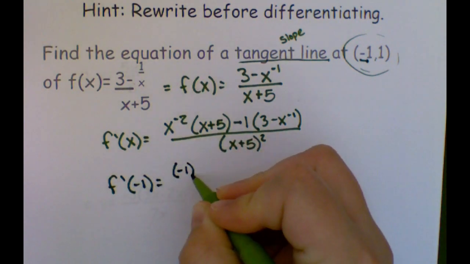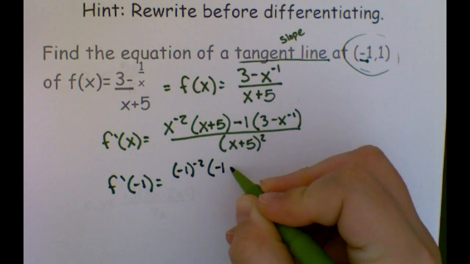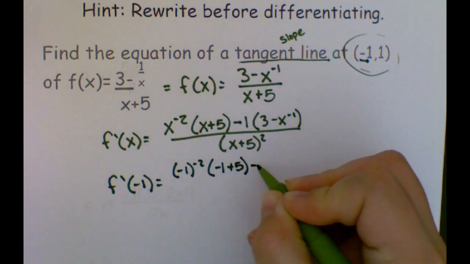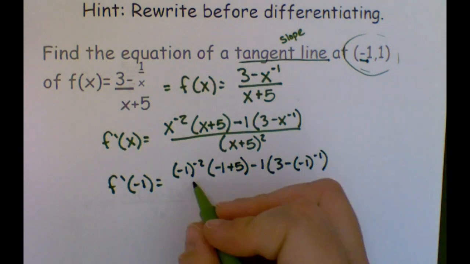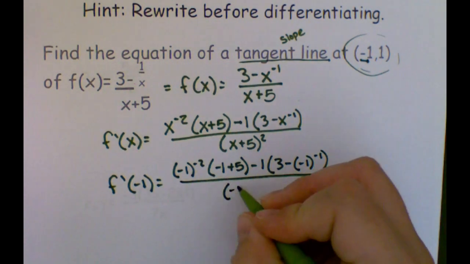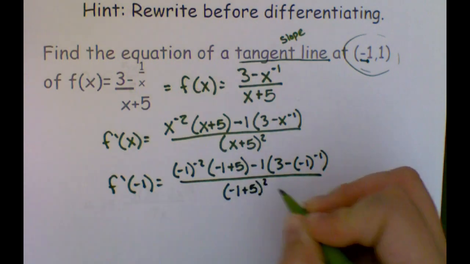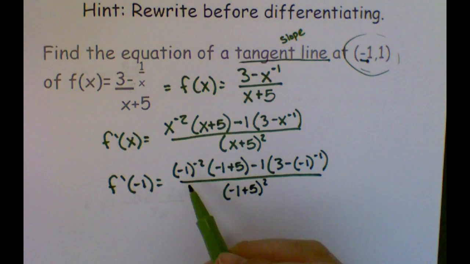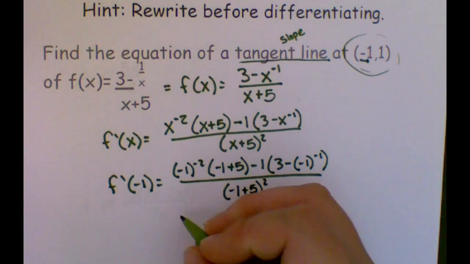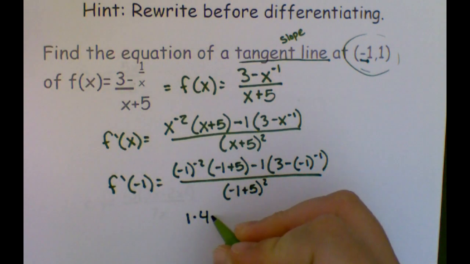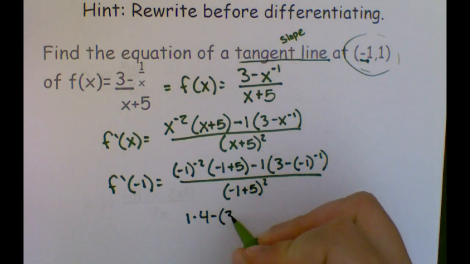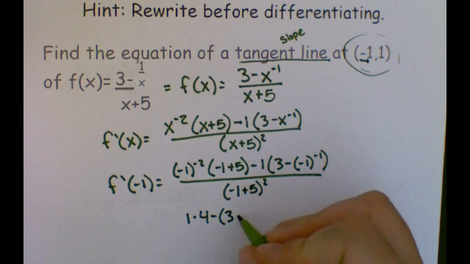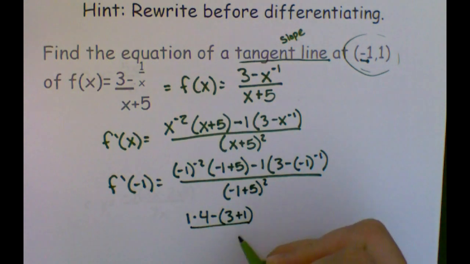So I have -1 to the -2nd power times -1 plus 5, minus 1 times 3 minus -1 to the -1st power, all over -1 plus 5 squared. Well, that makes +1 times 4 minus 1 times 3 plus 1 all over 4 squared.